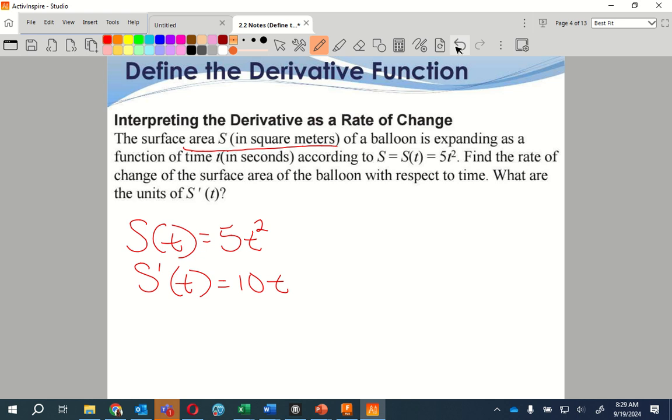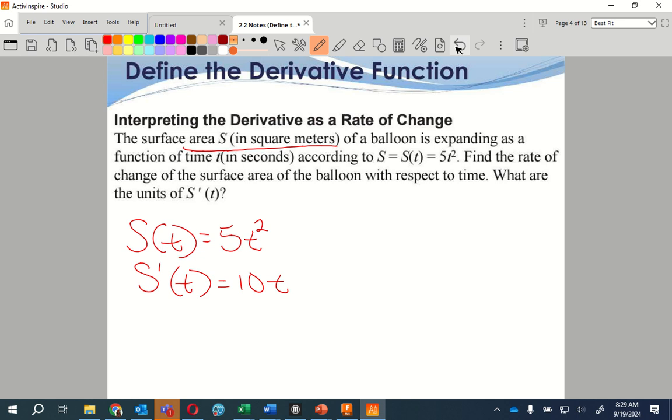My units are going to be meters. It's a rate of change, right? So whenever you hear rate of change, what did I say that you should think of? Slow. Miles per hour, right? A rate of change is miles per hour.